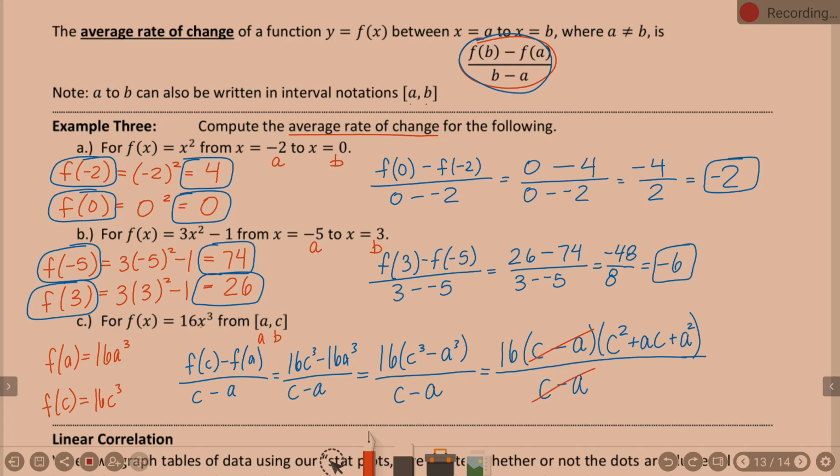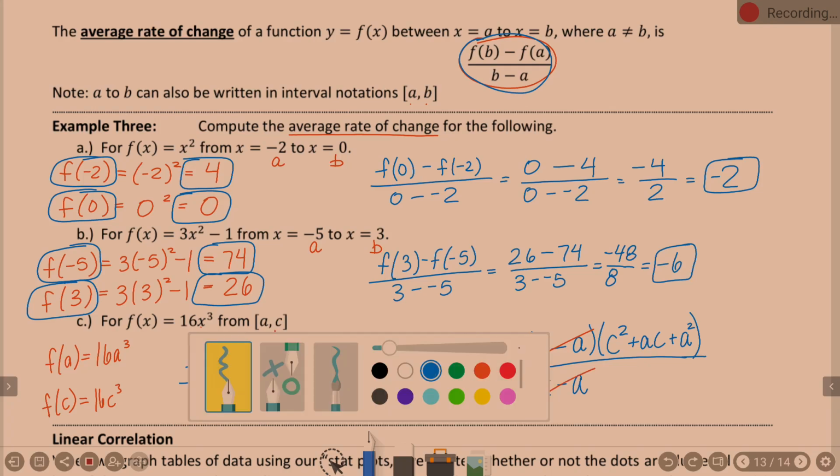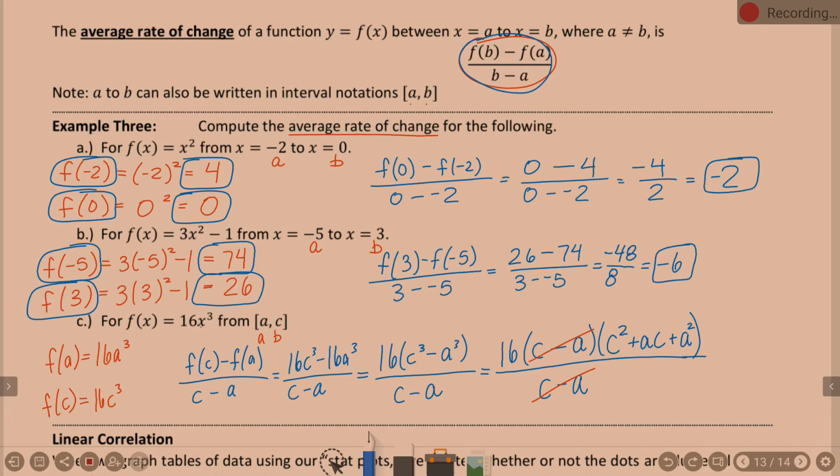And that takes me to what remains? 16 times c squared plus ac plus a squared. And that would be your answer. We can't go any farther than that because I wasn't given numbers. I was only given variables as my endpoints.